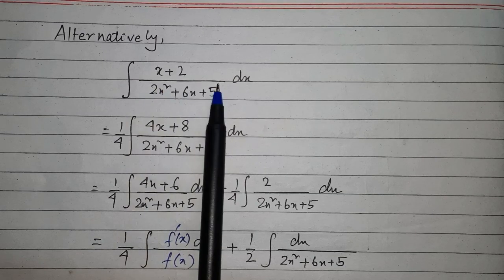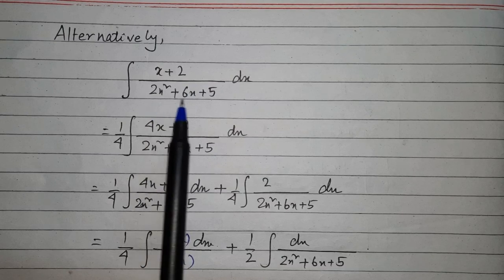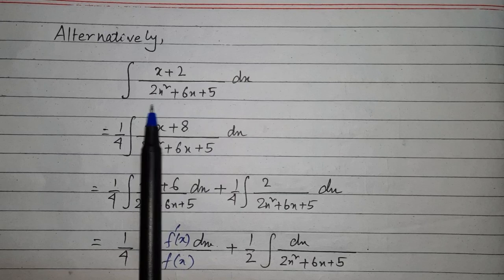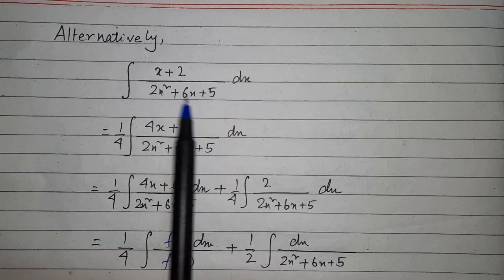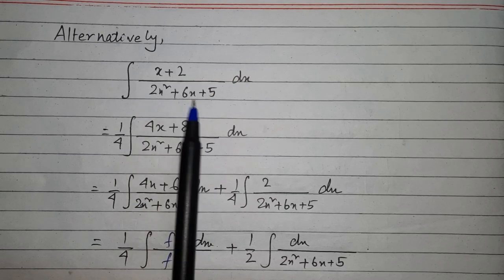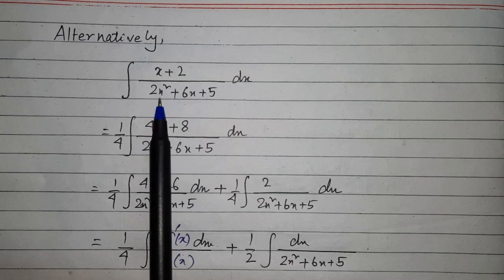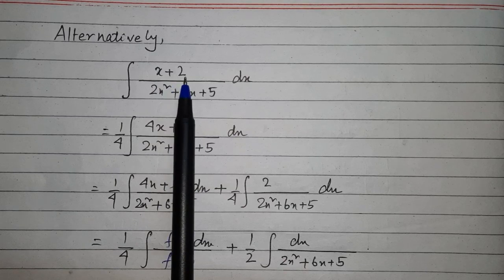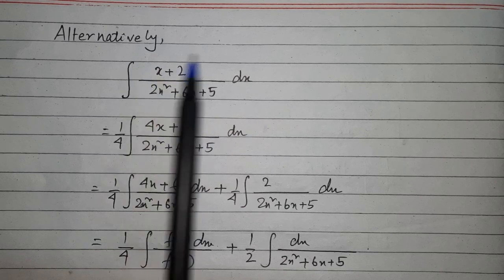If there is a square root also, then also we need to differentiate the quadratic expression. So if we differentiate the quadratic expression, what we will get? We will get 4x plus 6. That means anyhow we need here 4x plus 6. Now it is not there, we need to make it.